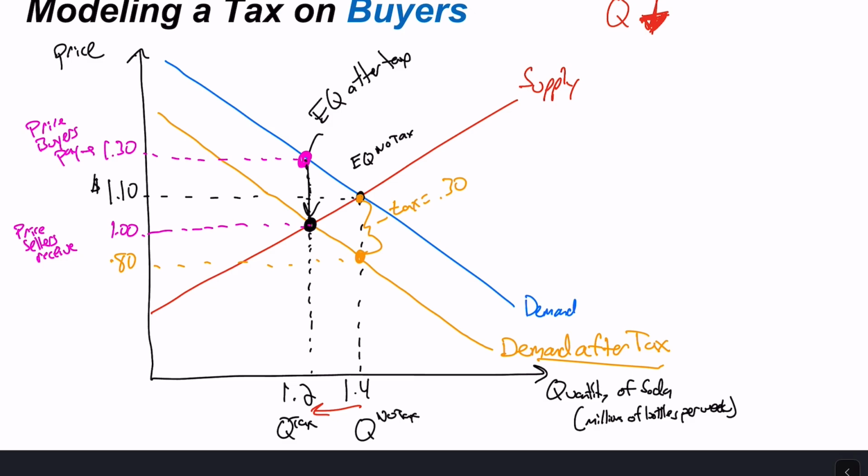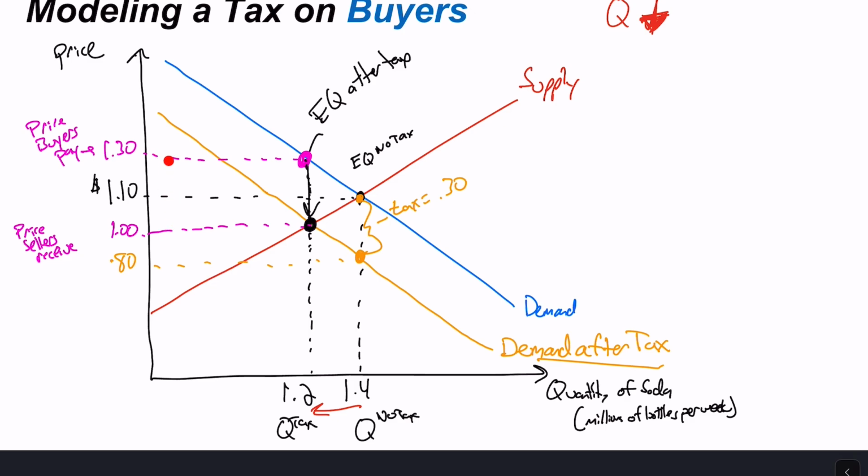All right, so now we're set. So what this would look like in the real world: the price you would see at Kroger for your soda would be the $1, and that's what sellers actually receive. Kroger gets to keep that. Then the buyer is going to write an extra check of 30 cents to the government for that per unit tax because they bear the legislative burden.